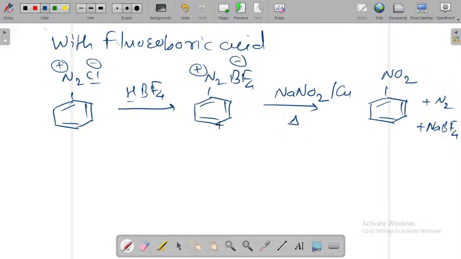If you only heat this particular intermediate, as we have seen in the last preparation of fluorobenzene, we get the fluorobenzene. So the second step is different. This is the reaction with fluoroboric acid followed by sodium nitrite.